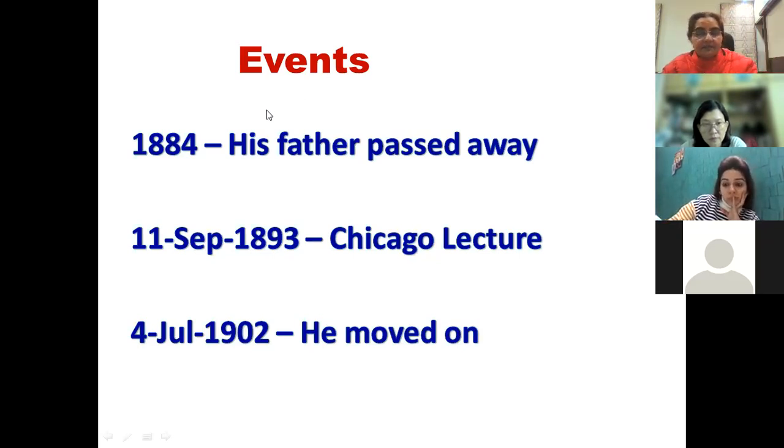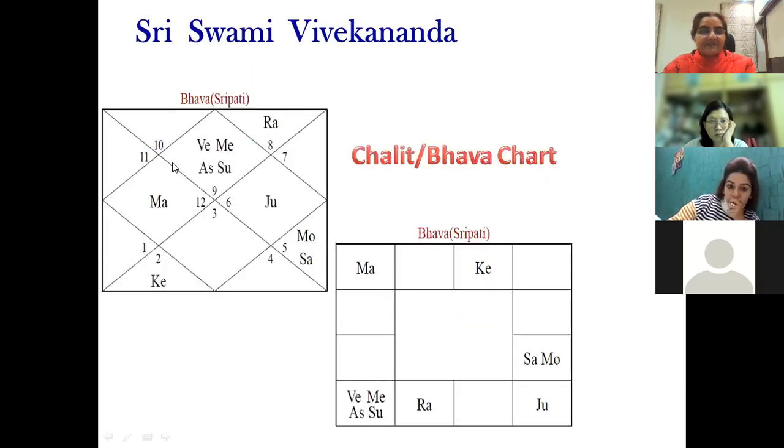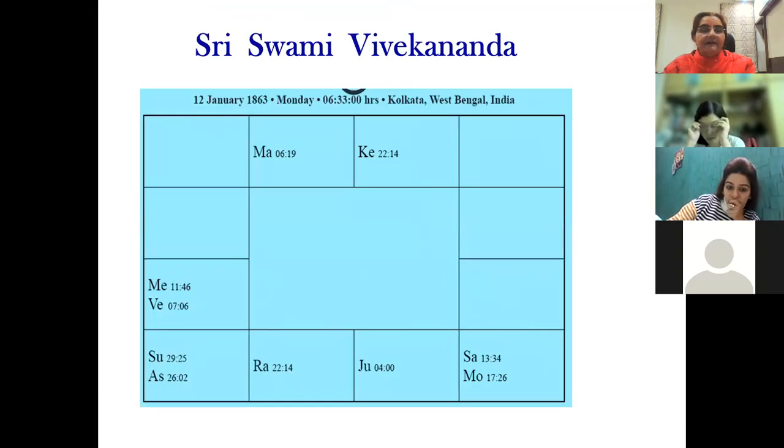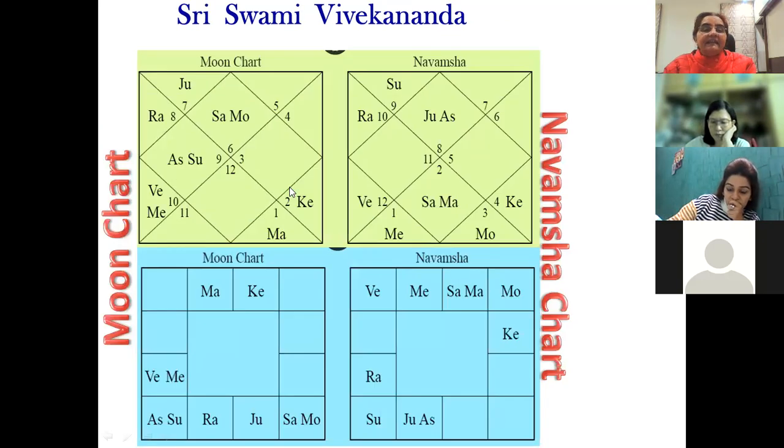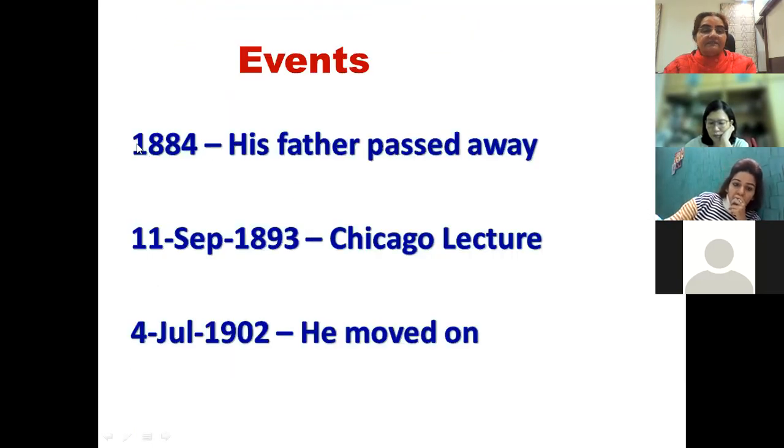There are several important events in his life, but from this book, I have just taken 3 events and we are just discussing those only. 1884, his father passed away. He was born in '63, and in '84, if you read his biography, you'll know that was the first difficult time for him.